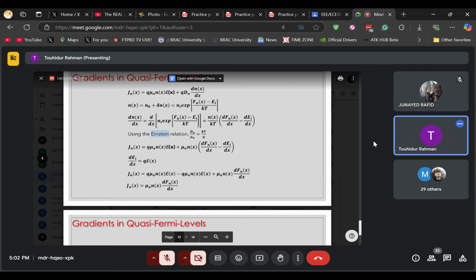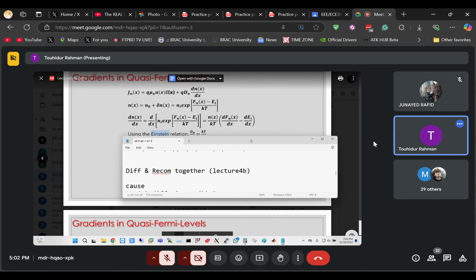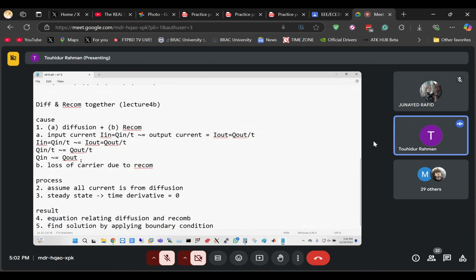And the trick I showed you, if you follow it, you should be able to answer very quickly. Use this format: cause, process, and then results. I don't have any diagram here, but if you need to draw any diagram, you should add that.